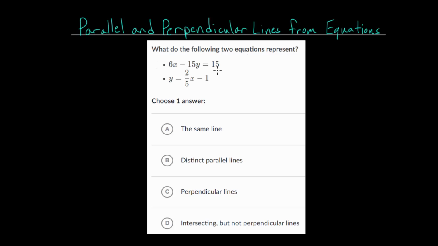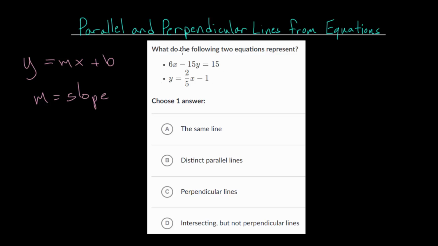When you have the equation of a line, you can usually tell the slope very quickly if the line is in slope-intercept form, like it is for this bottom equation. Remember slope-intercept form, y is equal to mx plus b, where m is the slope of the line.